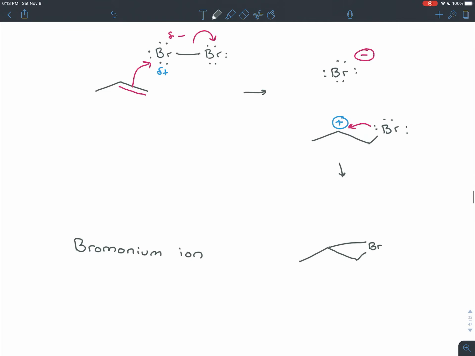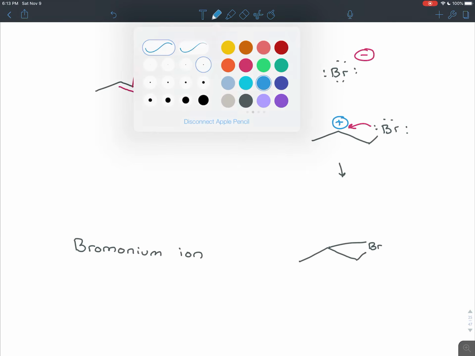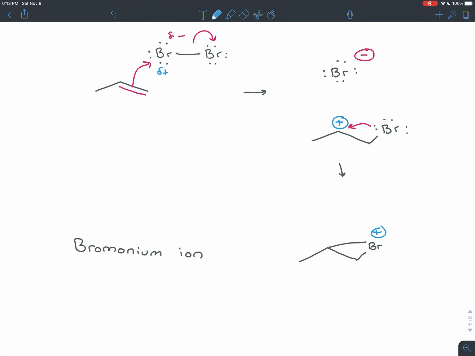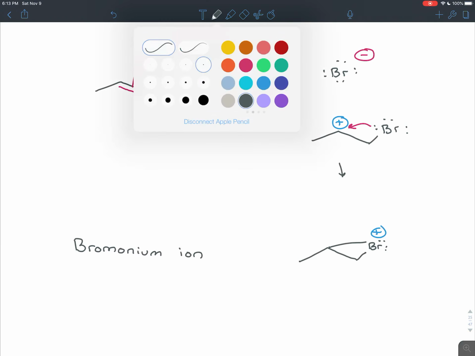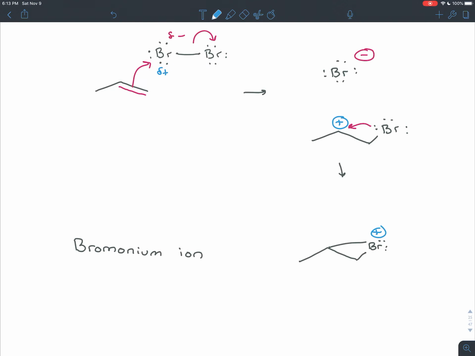This bromonium ion, the bromine has a full positive charge here. It's a formal charge. It has a full formal charge of positive 1. In addition to that, it leans a little bit more toward the less substituted carbon.